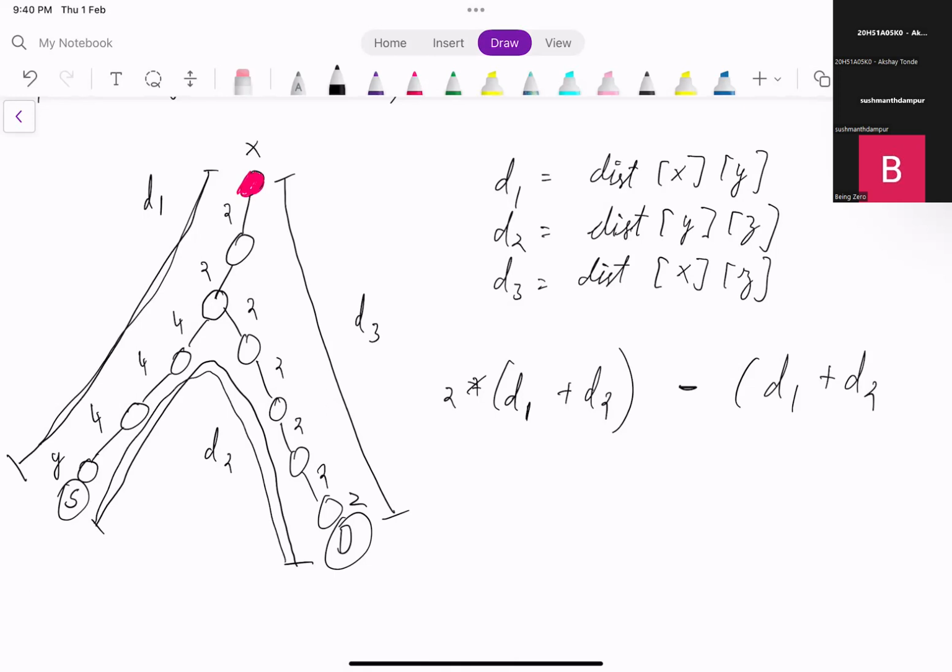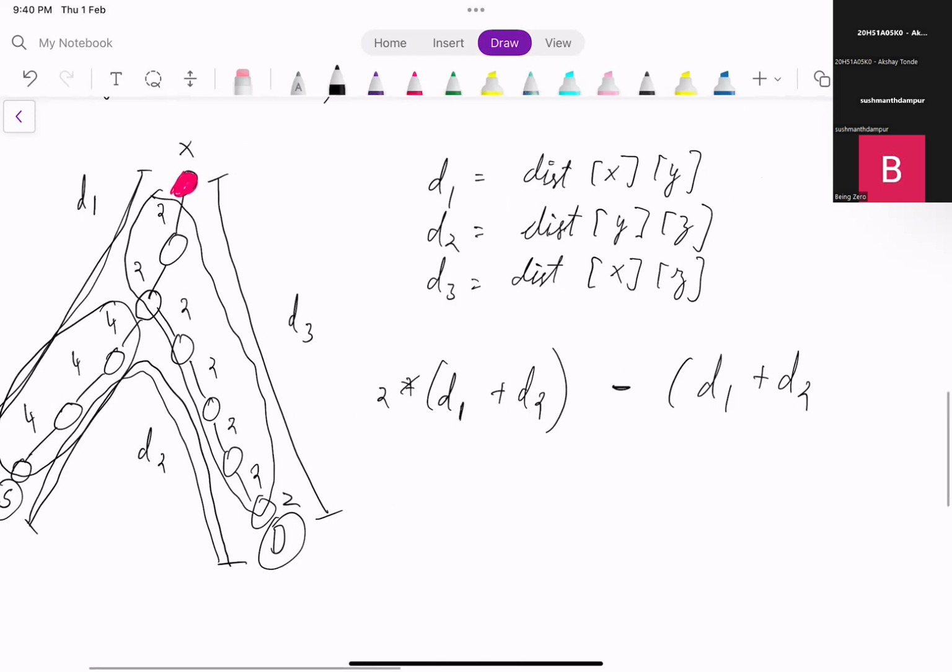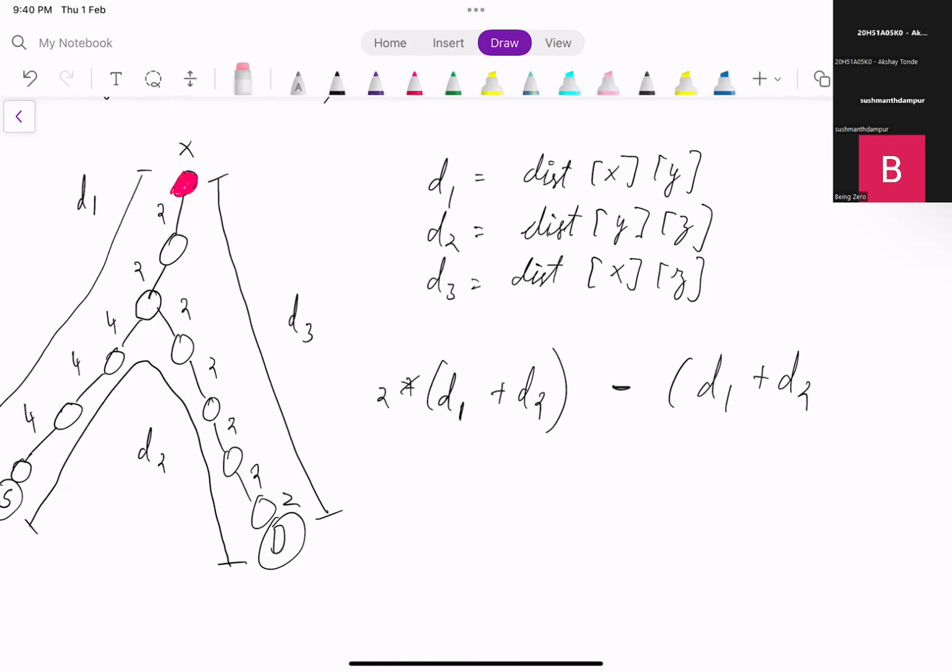So when we included these two, this path is included twice, and this path is included once. This path is nothing but d3. So we'll do minus d3.